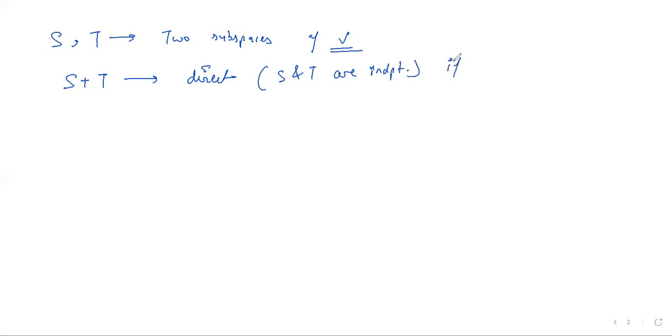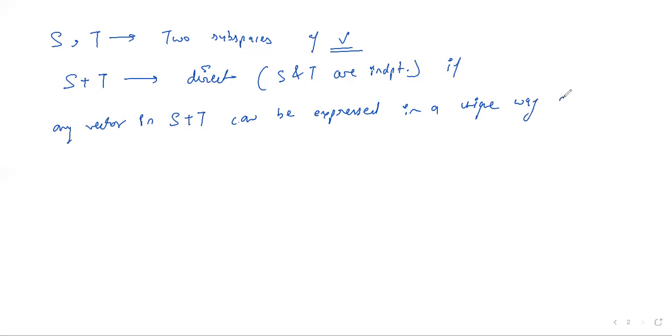if any vector in S plus T can be expressed in a unique way as x plus y, where x belongs to S and y belongs to T, then we can say that it is the direct sum. What did we say?